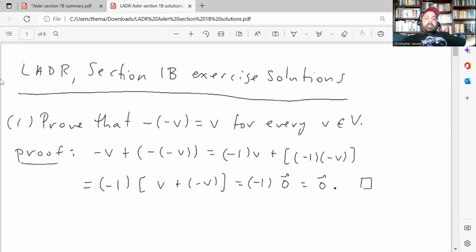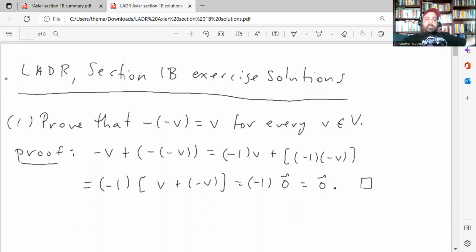So negative v plus v is the same thing as -1 times v plus 1 times v. We proved that in the chapter itself. You can factor out the constant using the distributive law, and -1 plus 1 is equal to 0, so we get 0 times v, which is equal to 0.